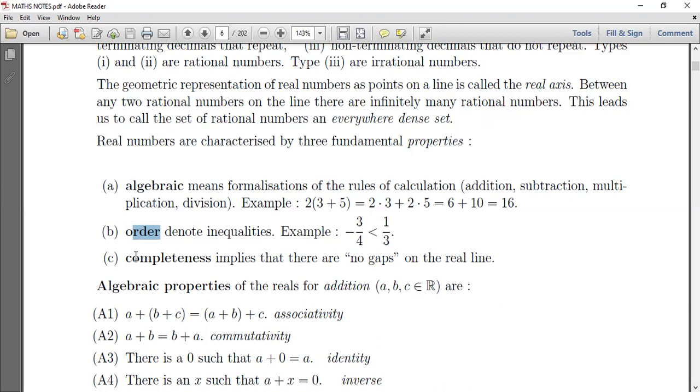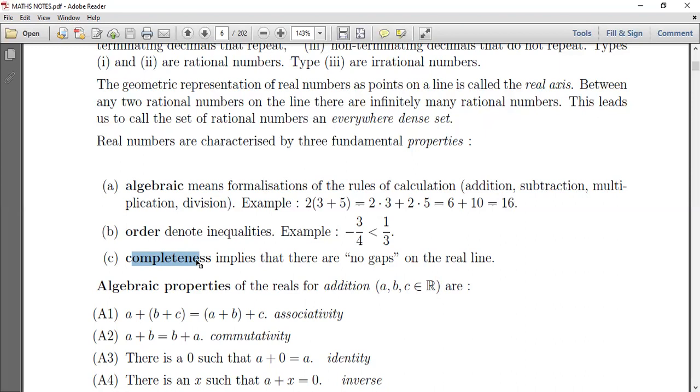Then there's the completeness property. This implies that there are no gaps in real numbers. In other words, when you are biomedical engineering students and you are to measure the weight of a patient, you cannot say, this weight I cannot express numerically.